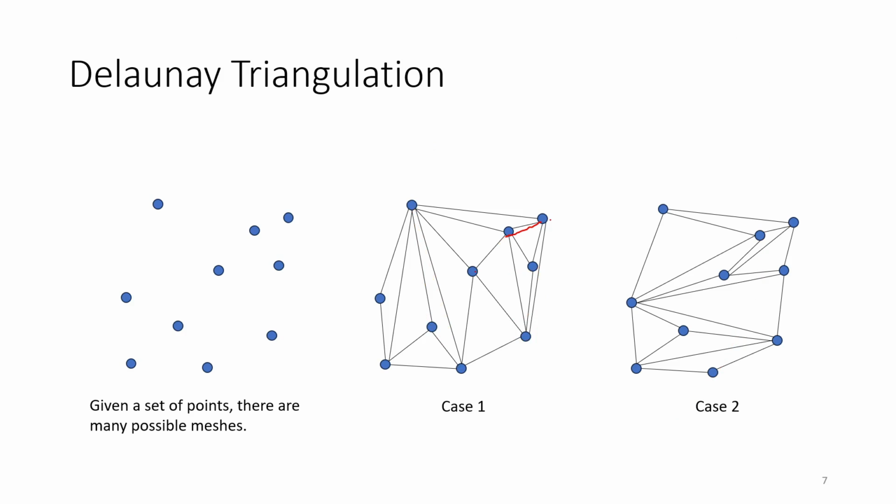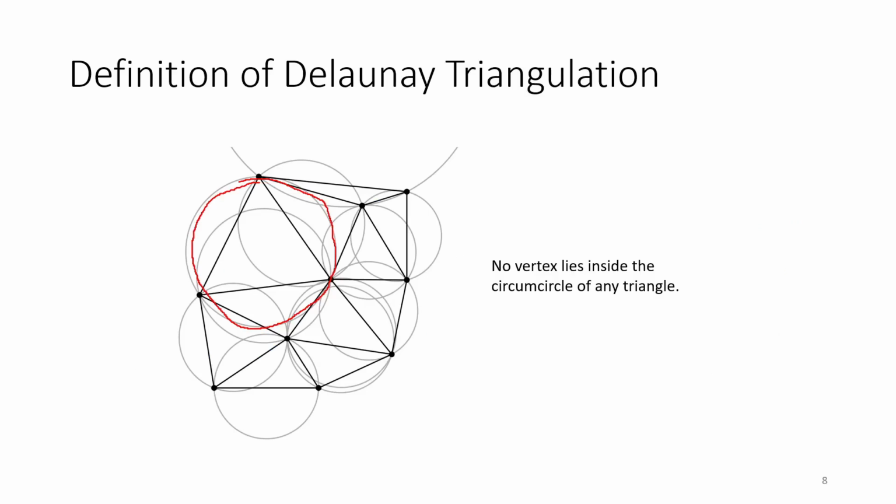So what is the meaning of Delaunay triangulation? It will avoid very thin, very narrow triangles in the set of data. And what is the benefit of the Delaunay triangulation?